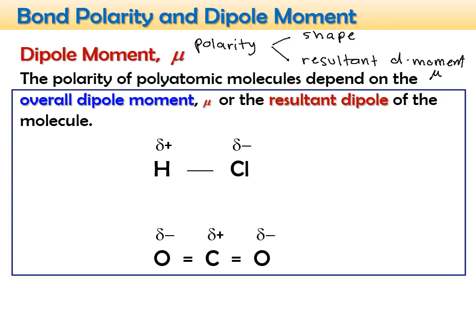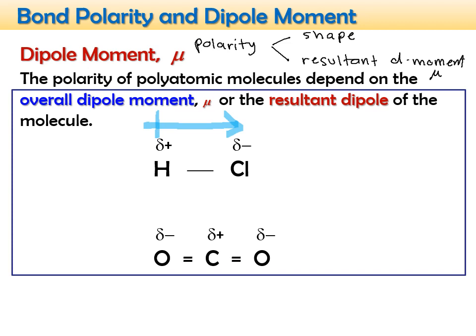To show the dipole moment, just draw an arrow heading towards the negative side of your atom, partially negative. For the partially positive side, we draw a cross.